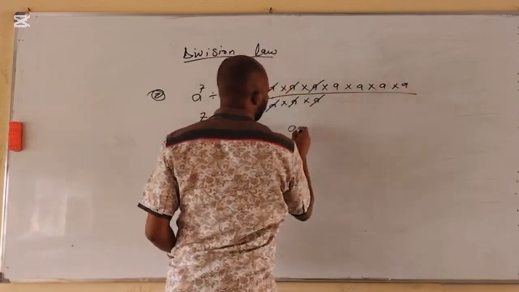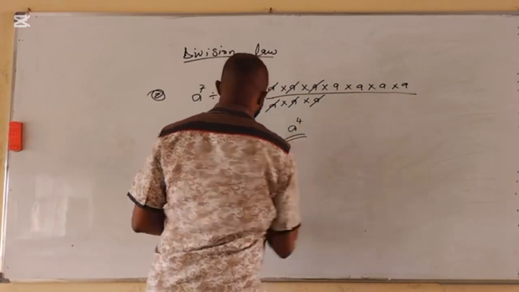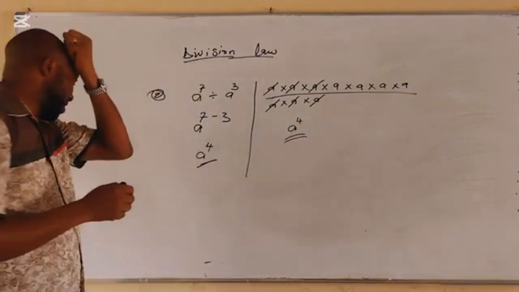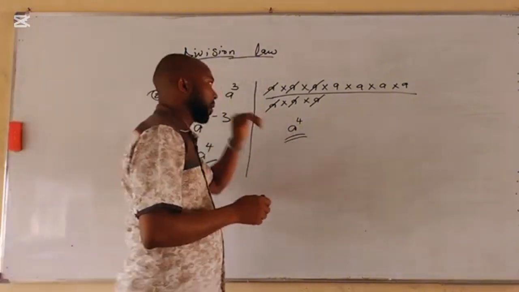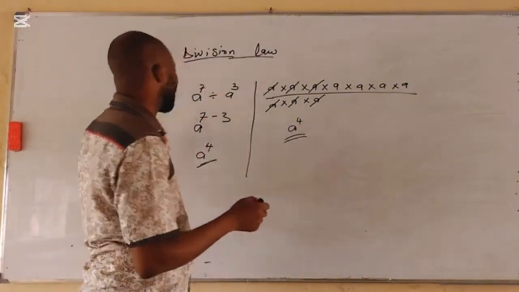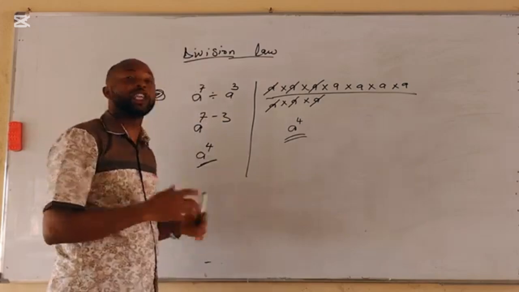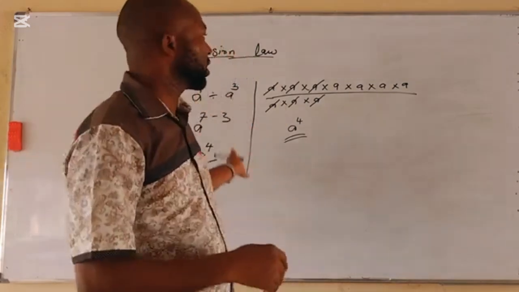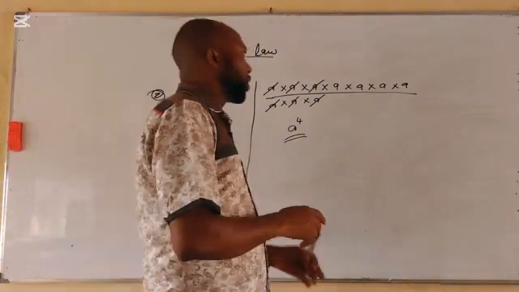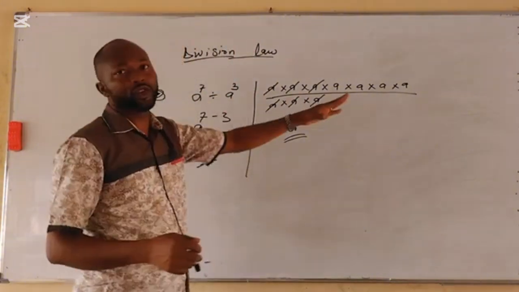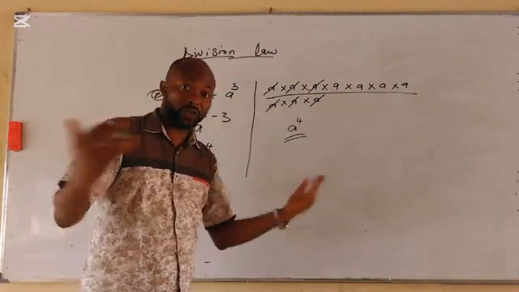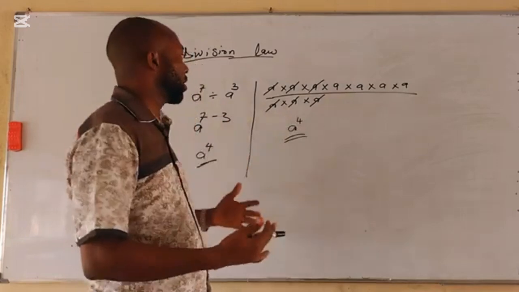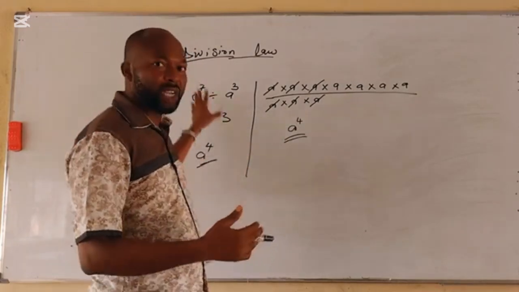So this is a raised to the power 4. So this is another way to break it down. But we always appreciate the simplified method because if you're dealing with elaborate numbers like a raised to the power 25, you're not going to be writing this all through. It's going to take all of our time. So we try to cut it down to use the simplified method of solving it.